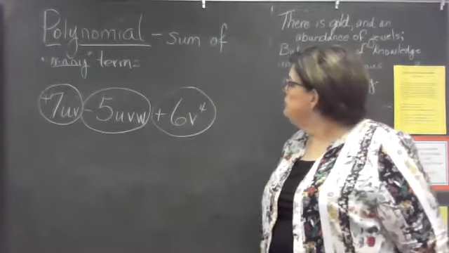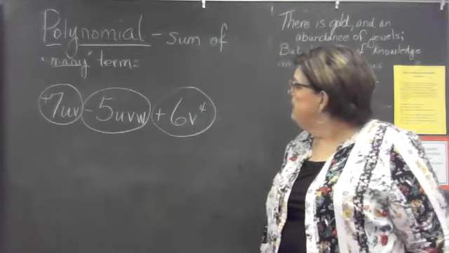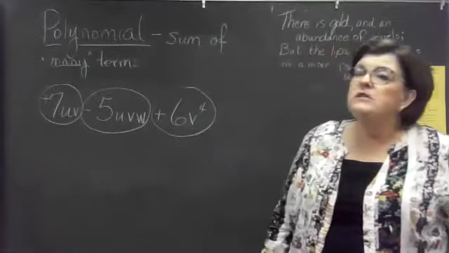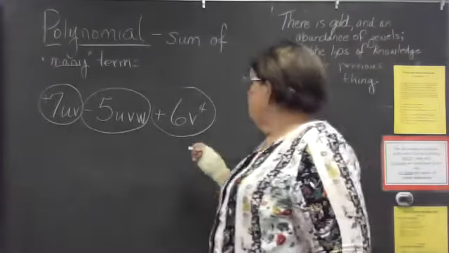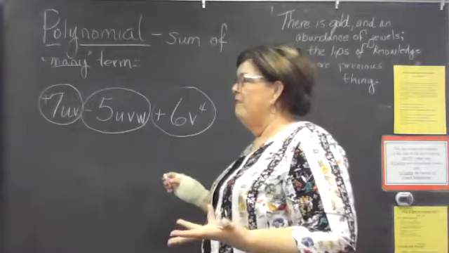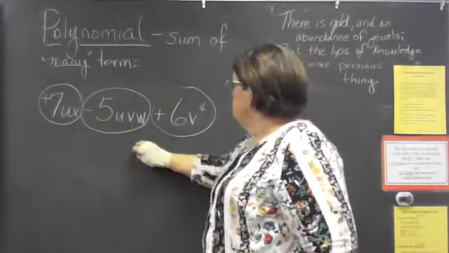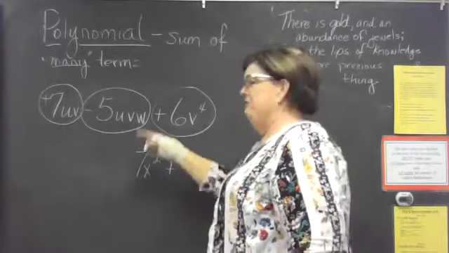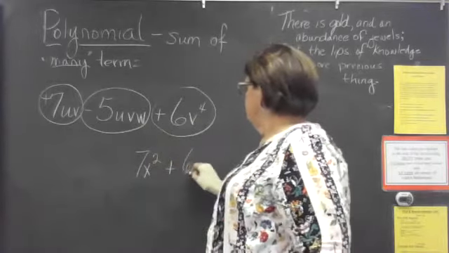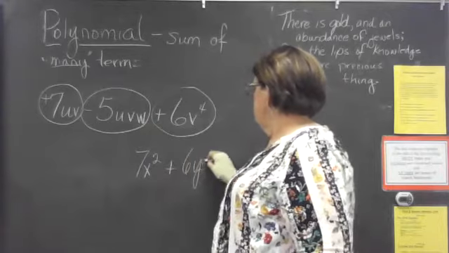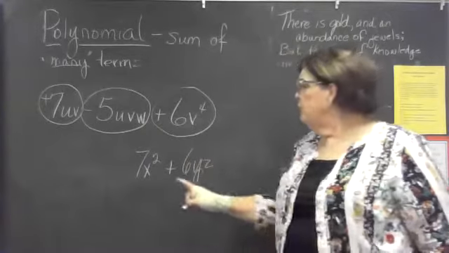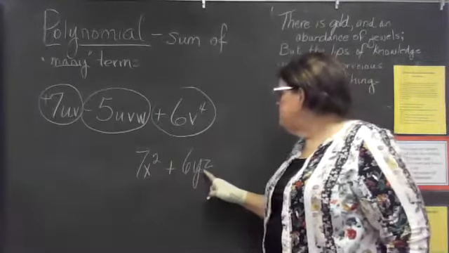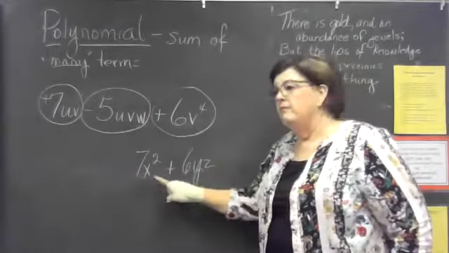But I want to talk to you about common terms now. We've done this before in quite a bit of problems, when we had the 6x squared or 7x squared plus 6yz. We found out that we couldn't add 7 and 6 because these were not the same.